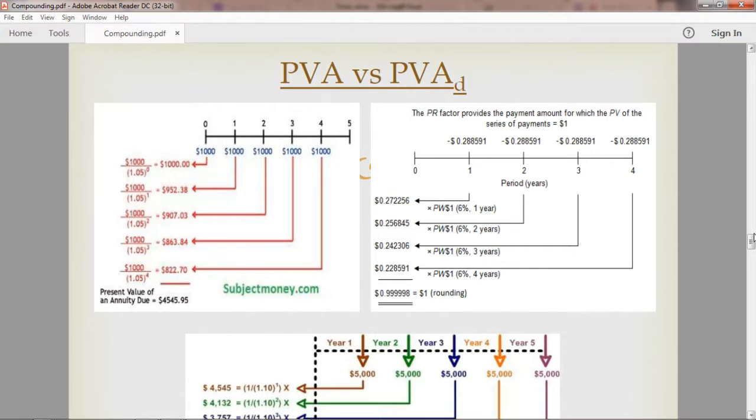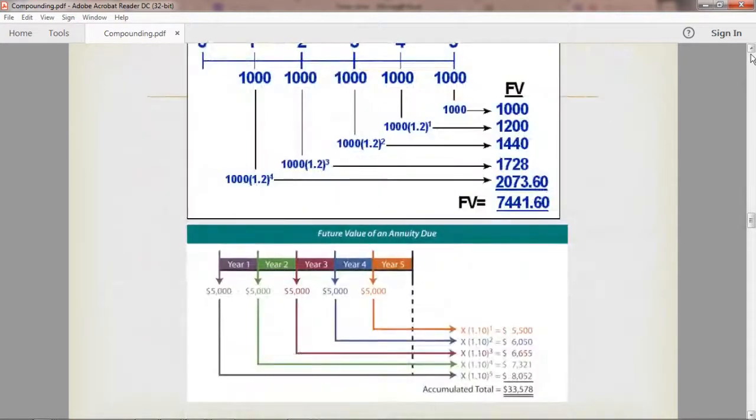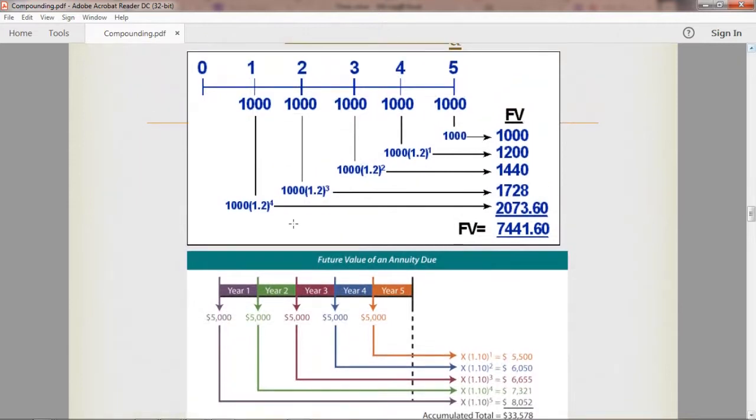All the payments are cash flows in the future. So in future value of annuities, all the cash flows are still in the future, and what you want to know is the sum of all those cash flows at maturity.